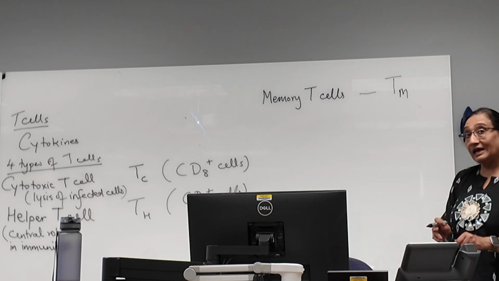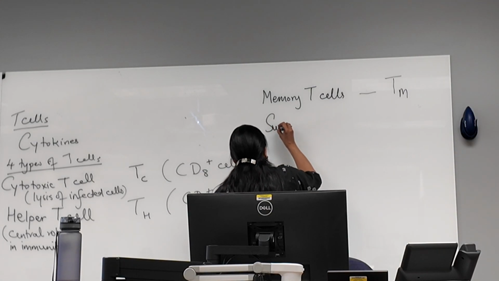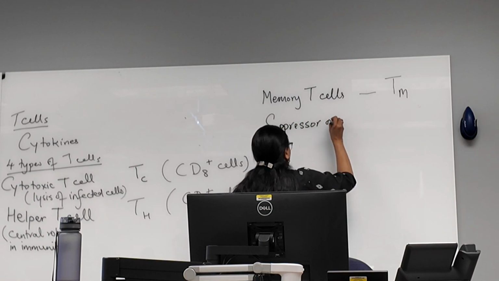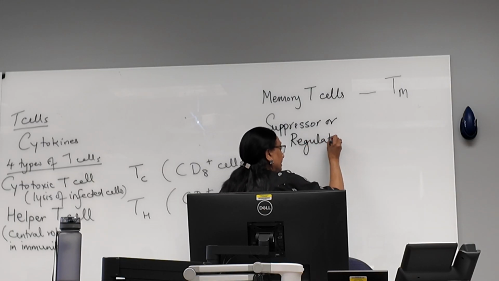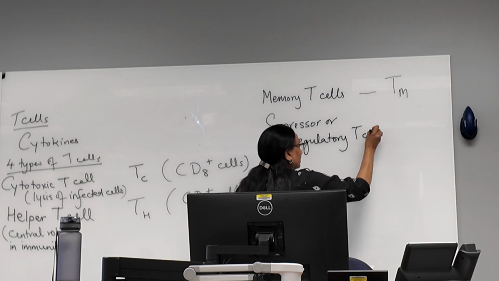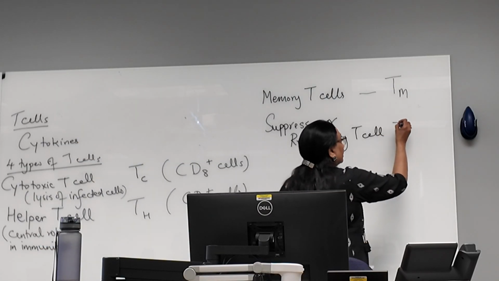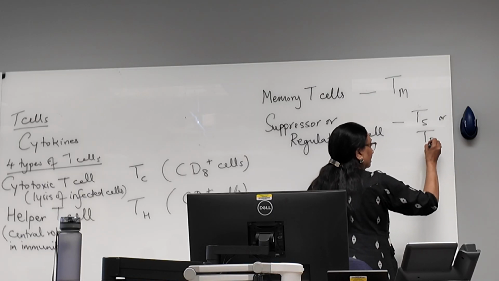And then comes the last type of T cell, which is called the suppressor, or some books will also call it regulatory T cell. Suppressor or regulatory T cell. So TS or TR.